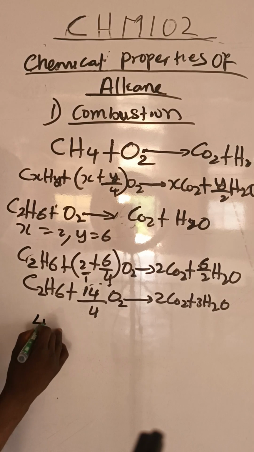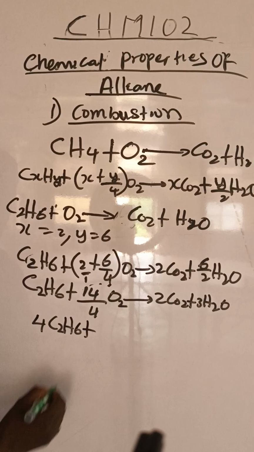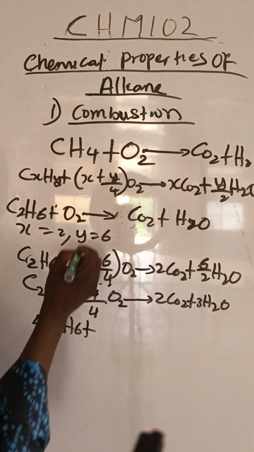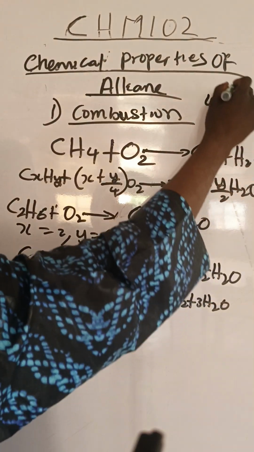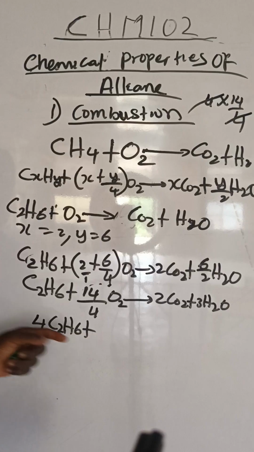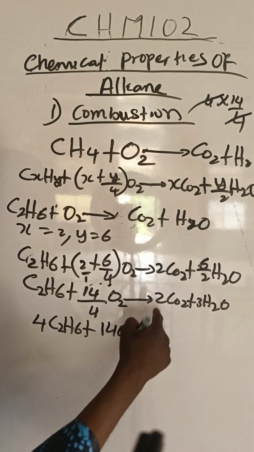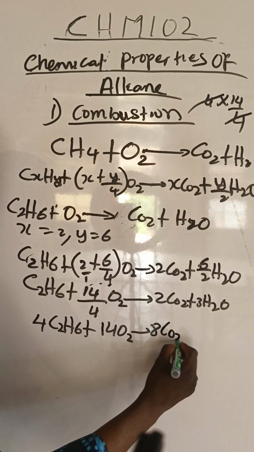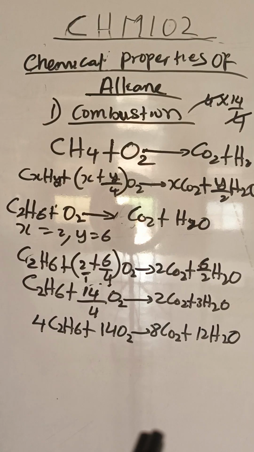That will be 4C2H6 plus, 4 multiplied by 14 over 4, 4 will cancel 4, so plus 14 O2 to give 4 times 2, 8CO2 plus 12 H2O.